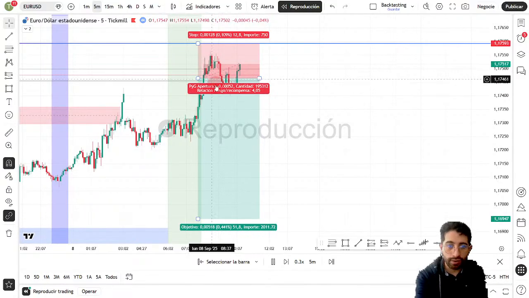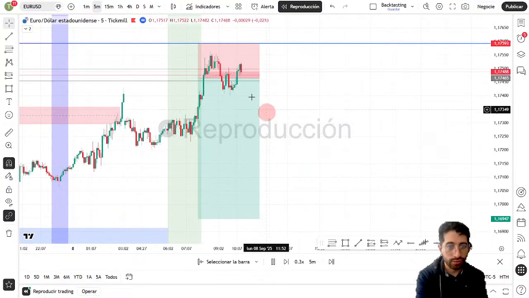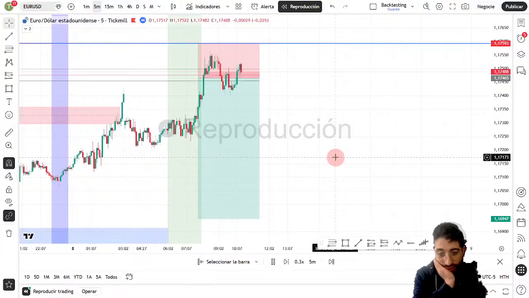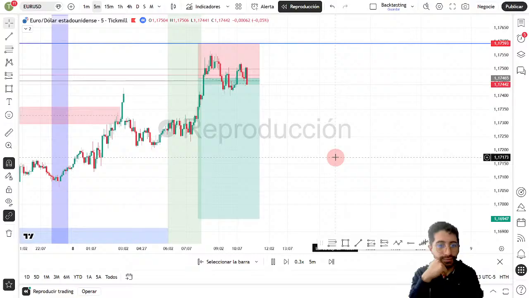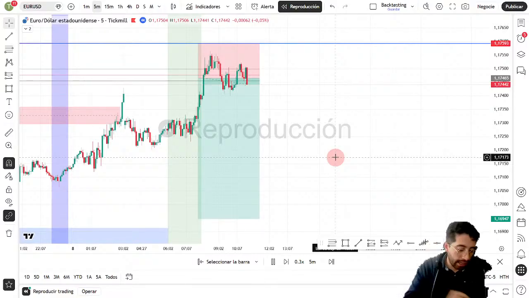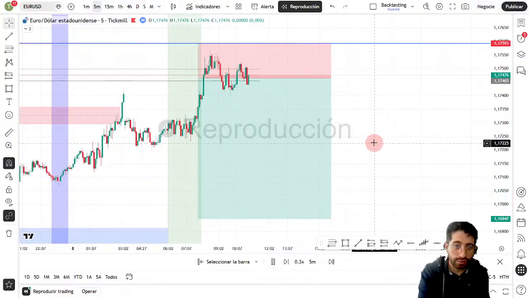Right, so it got a reaction as we expected, but apparently it will take us out. But we need to be patient and wait. Why? Because we need to respect our trading plan. We need to assume the risk of the order. Sometimes I have had trades in which I don't feel comfortable at all, and I think they will be losing trades, and that's what I feel about this one.